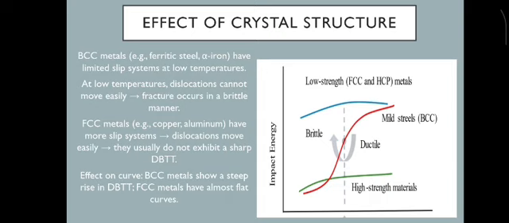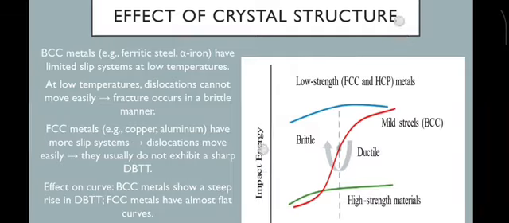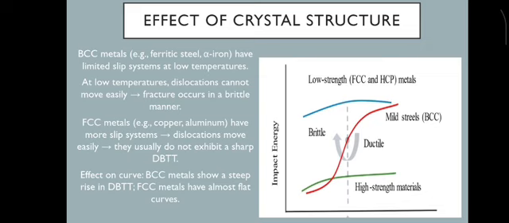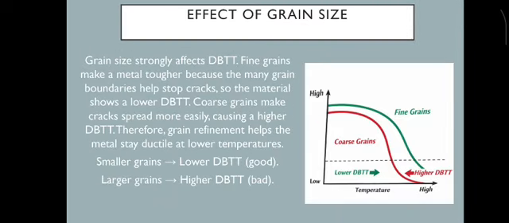As a result, they usually do not exhibit a sharp DBTT. We can see in the graph that BCC metals show a steep rise, whereas FCC and HCP metals have almost flat curves. As a result, BCC metals have a DBTT curve.